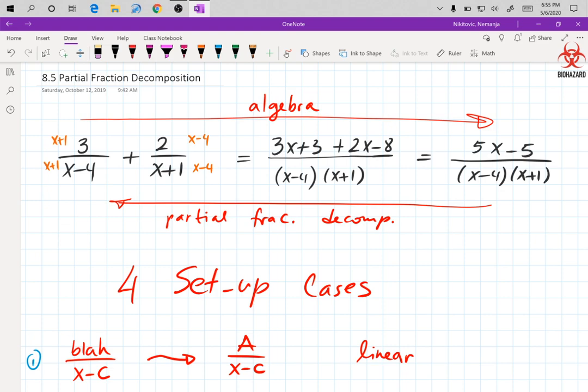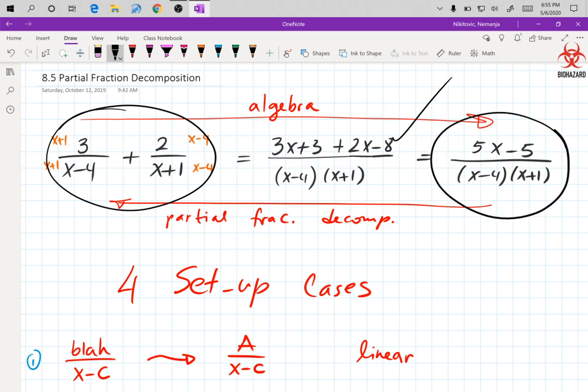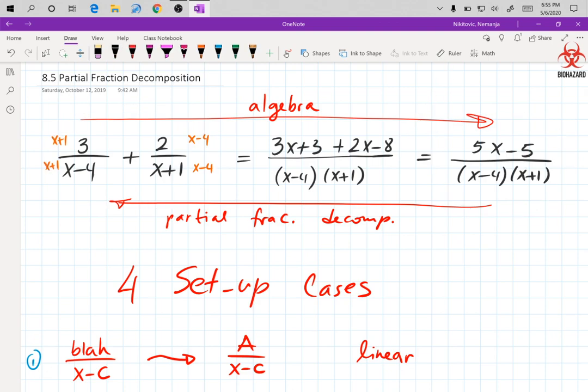So when you just use the common denominator, use the algebra over here, you will add into a single fraction at the end, and that's it. Now look at the red arrow underneath.